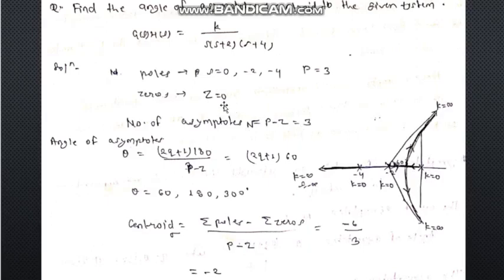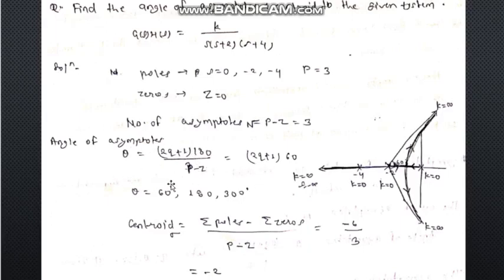Now the fourth step is the number of asymptotes: n equal to p minus z equal to 3, so 3 asymptotes will be there. The angle of asymptotes will be given by the formula we will use, theta equal to (2q plus 1) times 180 divided by p minus z.